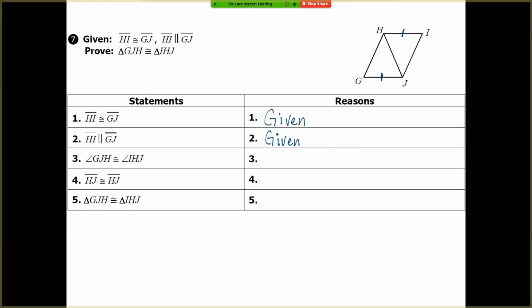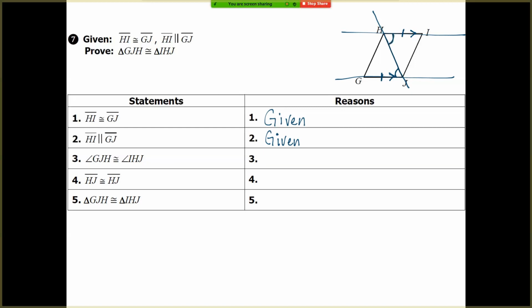So if we have parallel lines, remember our little arrows denote parallel lines. Since these two lines are parallel to each other, we have a transversal that's, well, actually we have three transversals, but we're going to focus on this transversal here, cutting through these parallel lines. We're going to ignore the other two lines for just a second. We want to show that GJH, this angle here, is congruent to this angle here.